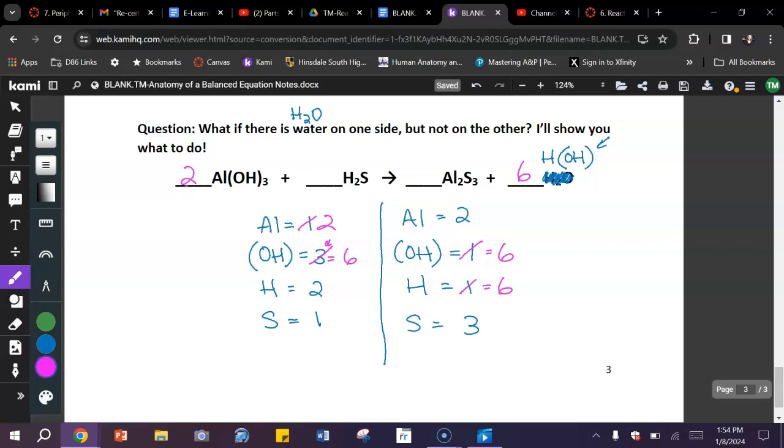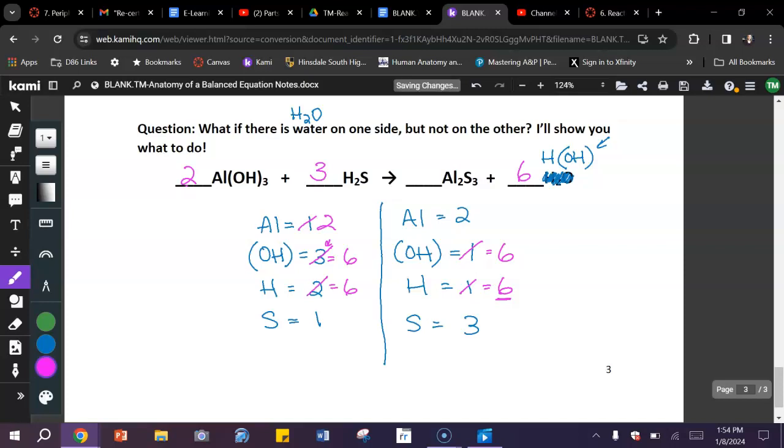Now let's go back and look at my hydrogens on the reactant side. See how I'm bouncing back and forth? It's not linear. You've got to do a little on one side and then go back and do a little on the other. What number times 2 is going to give me 6? Well, that number is 3, so I'm going to write 3 as my coefficient, and 3 times 2 is 6.